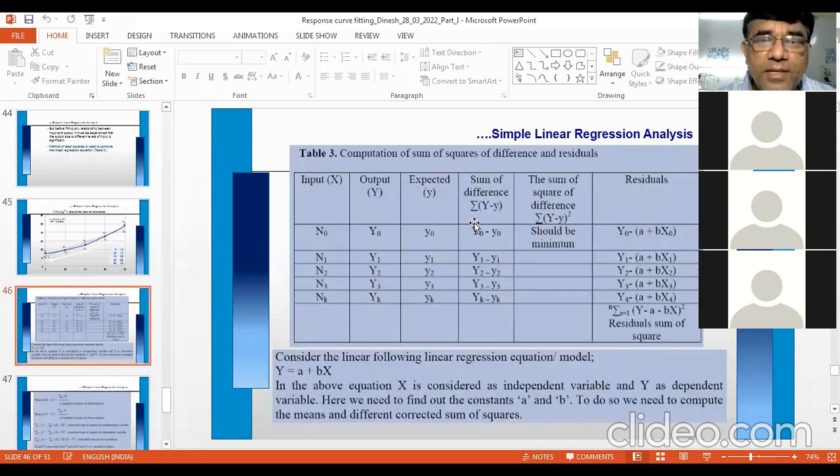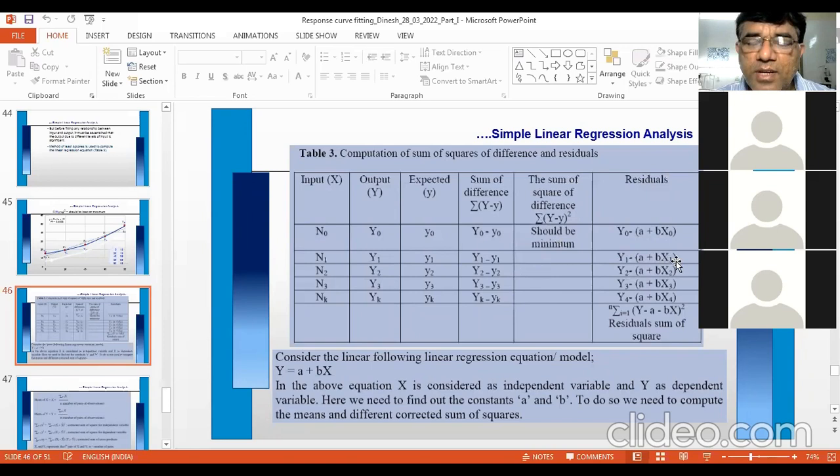In the table, the first column is X, your input, and the Y column is your output. You take the differences of these values, square them in the next column, and then total them. This should be minimum.